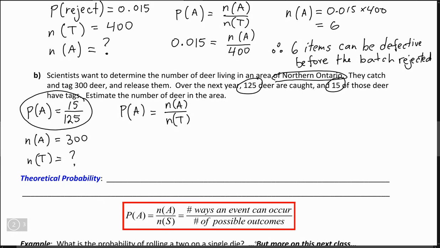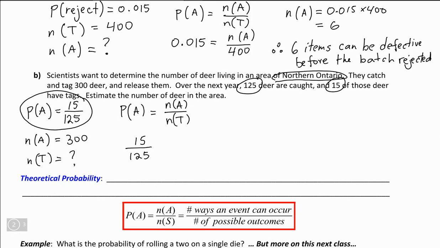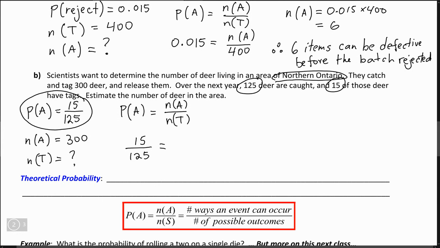So here I'm going to say 15 over 125, that probability for our small sample of 125 deer. That probability we can use to estimate the probability of all the deer in the area. Set up a simple ratio. And I already know that n of a is 300, so I'm just going to replace that with 300. I'm going to replace n of t with the variable x. Okay, I'm going to say here x is the number of deer in the area.